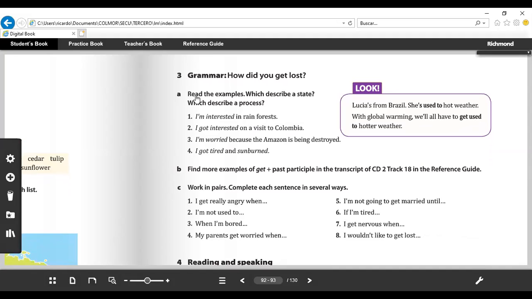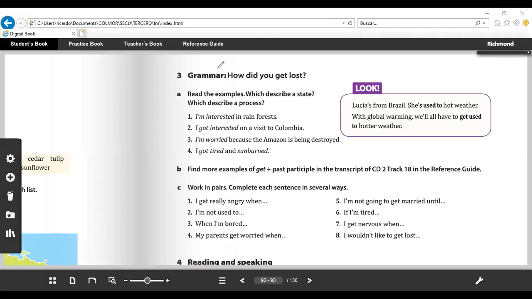Now it says right here, read the examples which describe a state and which describe a process. This is really simple because I'm going to explain it to you right now.